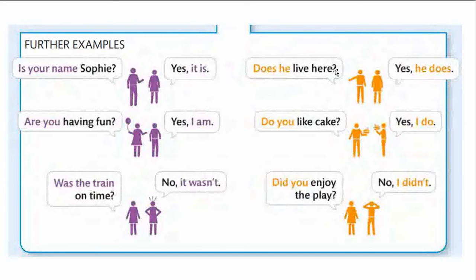You need not say live here anymore in the reply. Do you like cake? Yes, I do. Or no, I don't. Did you enjoy the play? No, I didn't. Or yes, I did.